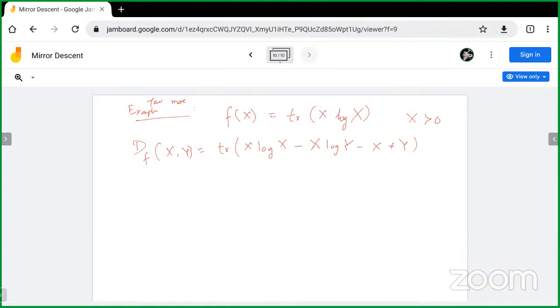As pointed out, this is called the von Neumann divergence or entropy. Quantum people also call it quantum entropy, quantum relative entropy. I guess it goes by many names.